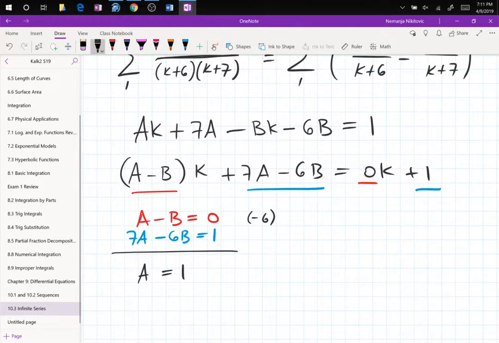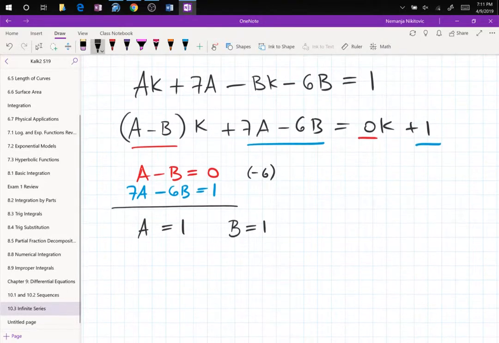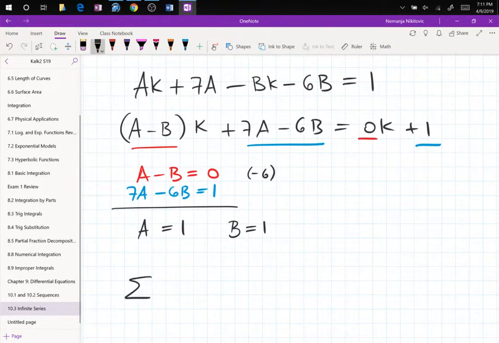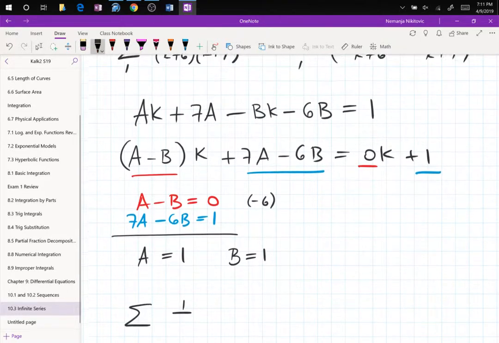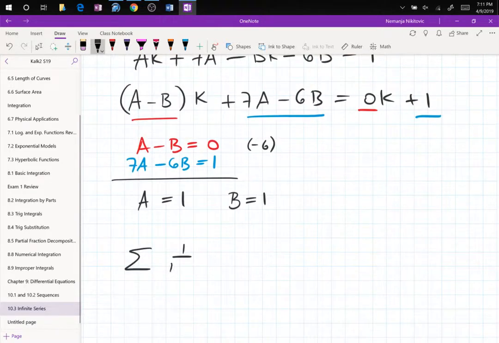It's going to be negative 6a plus 7. So if a is 1, b has to be 1 as well, because a minus b is 0. Great. So now I have my series. It's 1 over k plus 6 minus 1 over k plus 7.